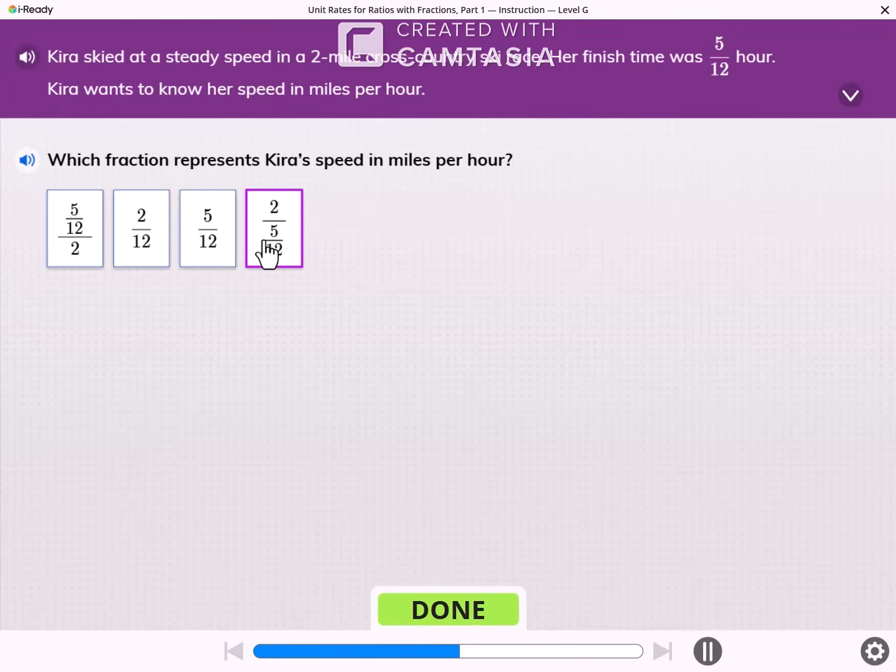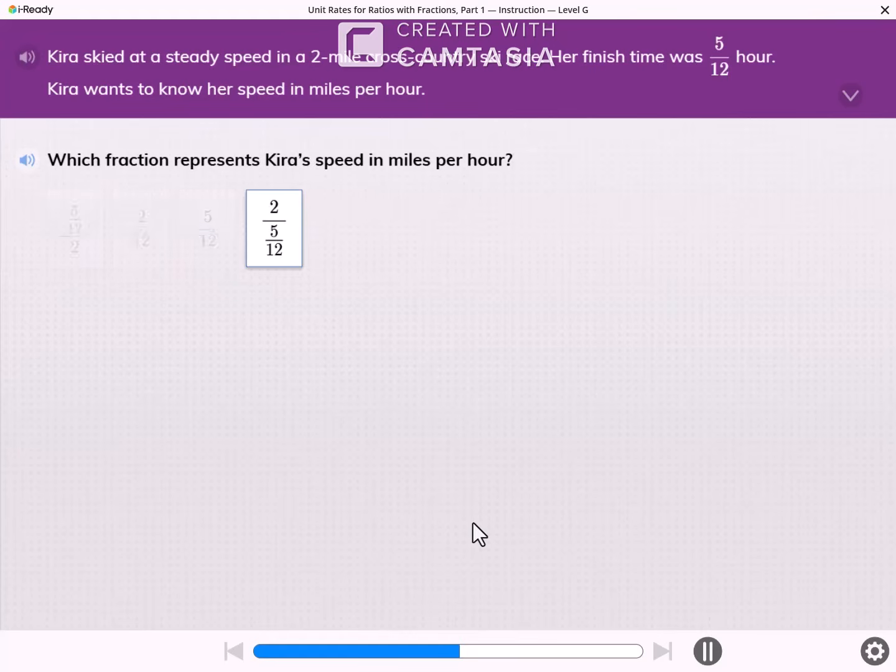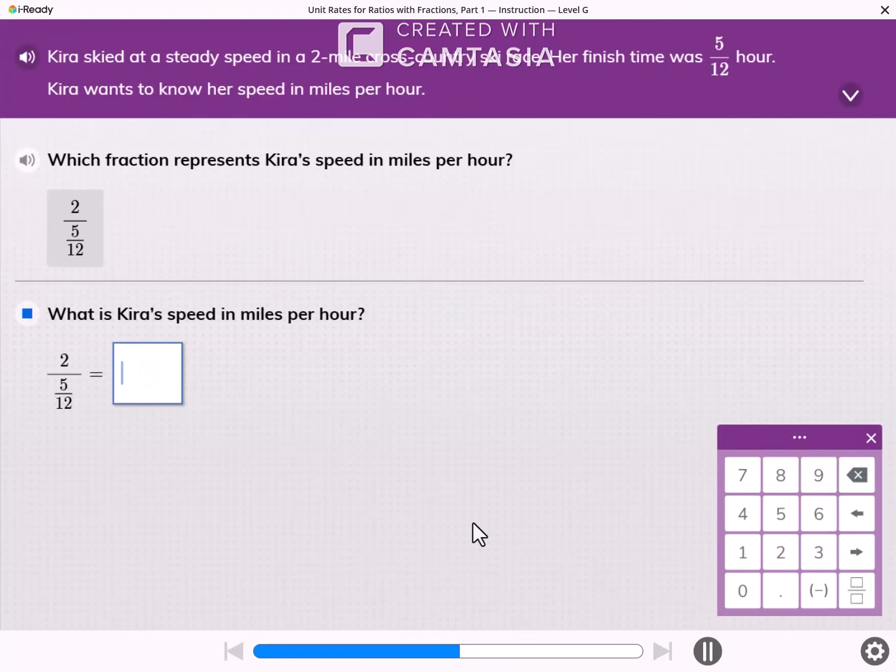I'm going to guess it's this one. What is Kira's speed in miles per hour?